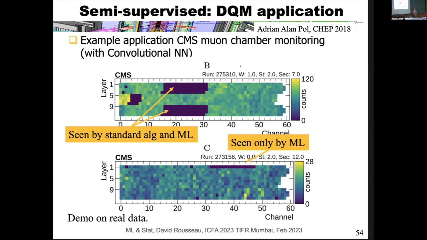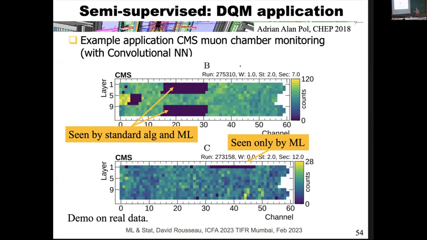And then he has plots like that where there is a default. So this is a map of the muon chamber. So this is a channel and the layer. And there are some holes in efficiency, which were seen by the standard algorithm and also by the machine learning. But there were some cases where the efficiency, instead of going to 0, was going to, let's say, 50% for a bunch of channels.